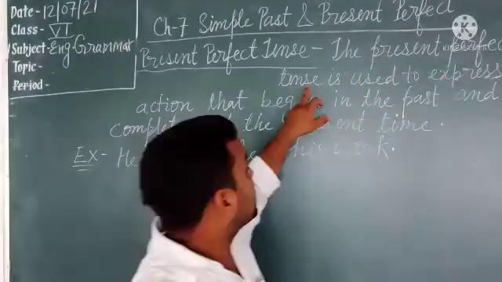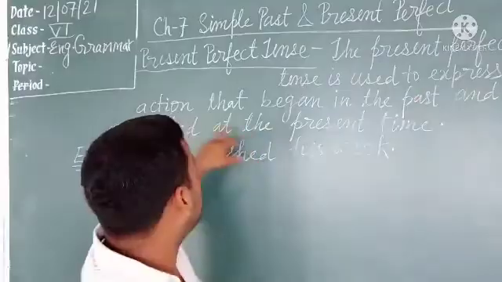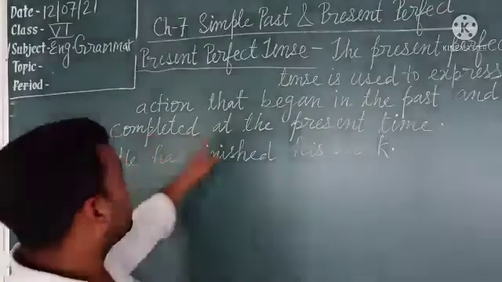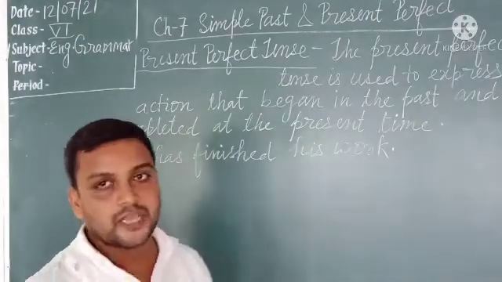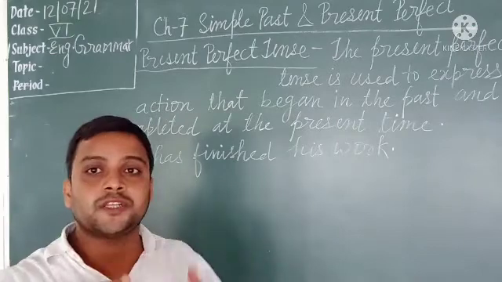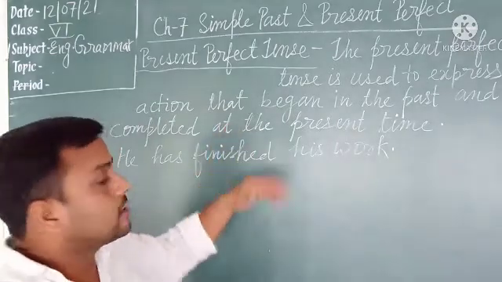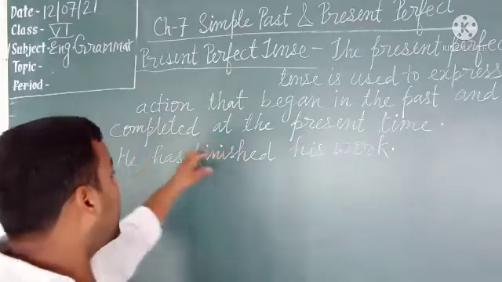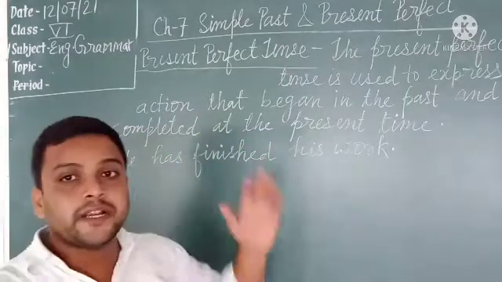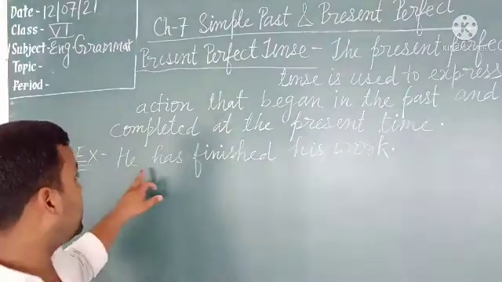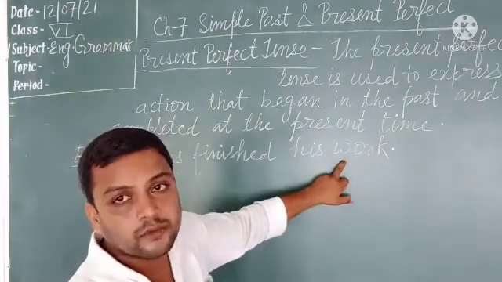The present perfect tense is used to express an action that began, that started in the past, and it completed at the present time. For example, he has finished his work.